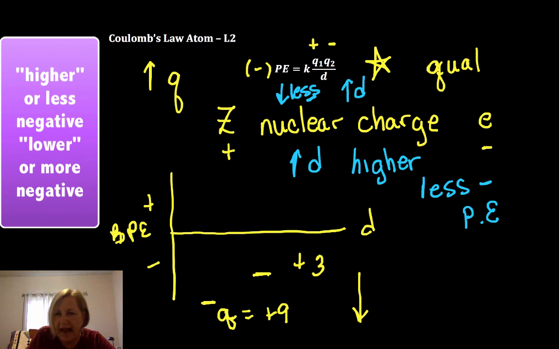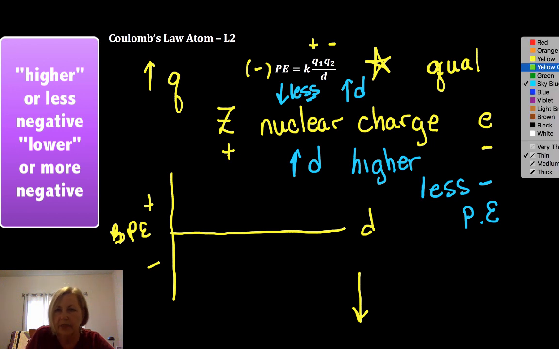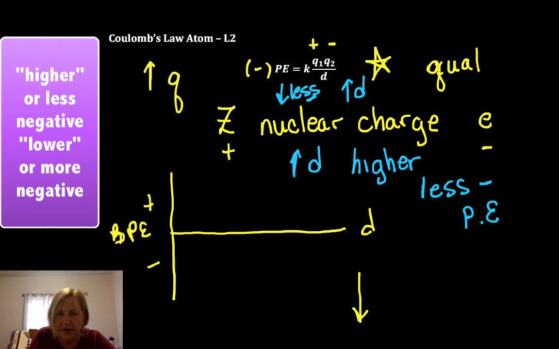So let's graph that. As we talk about an electron coming into proximity of a nucleus, as they get closer and closer together, they start to sense the attraction. Attractive forces are negative. That's going to reach an optimal, and then they get too close and it starts to become repulsion.